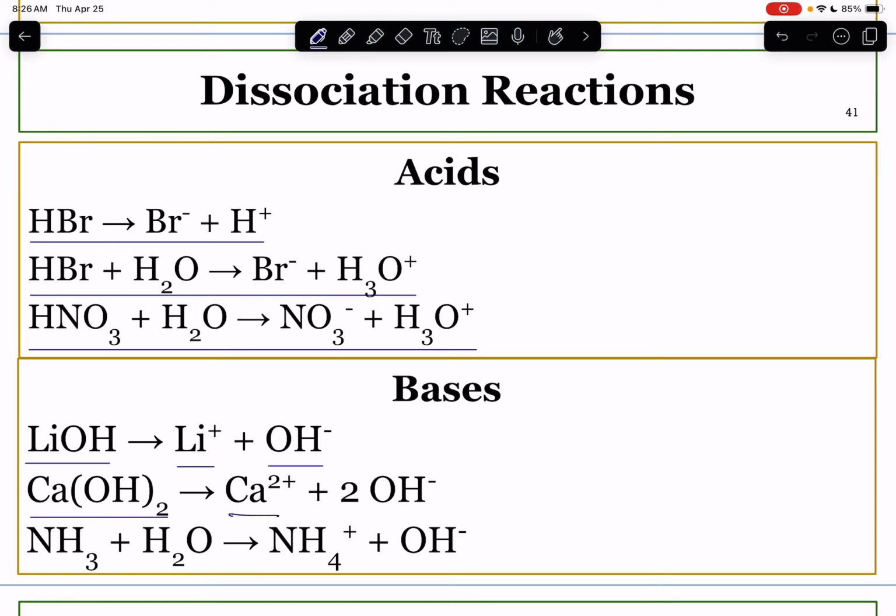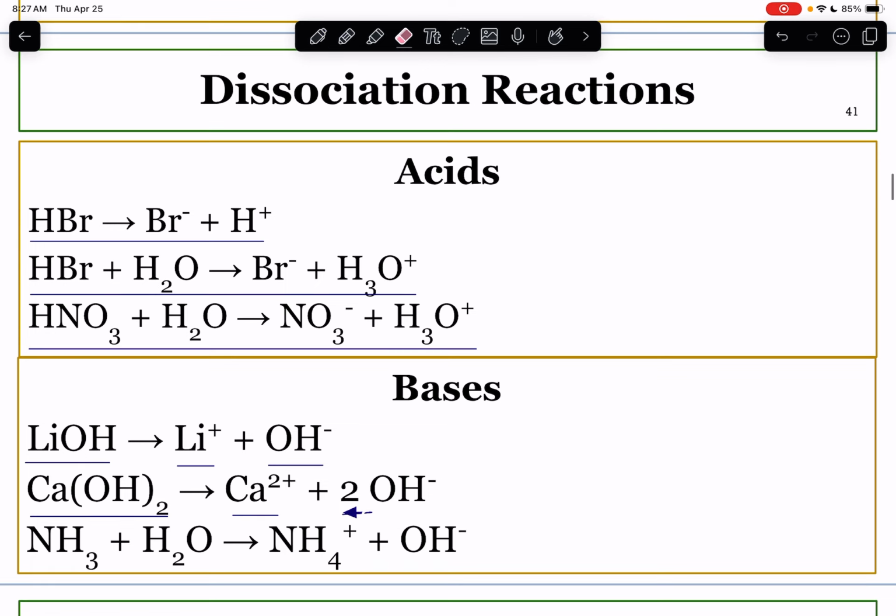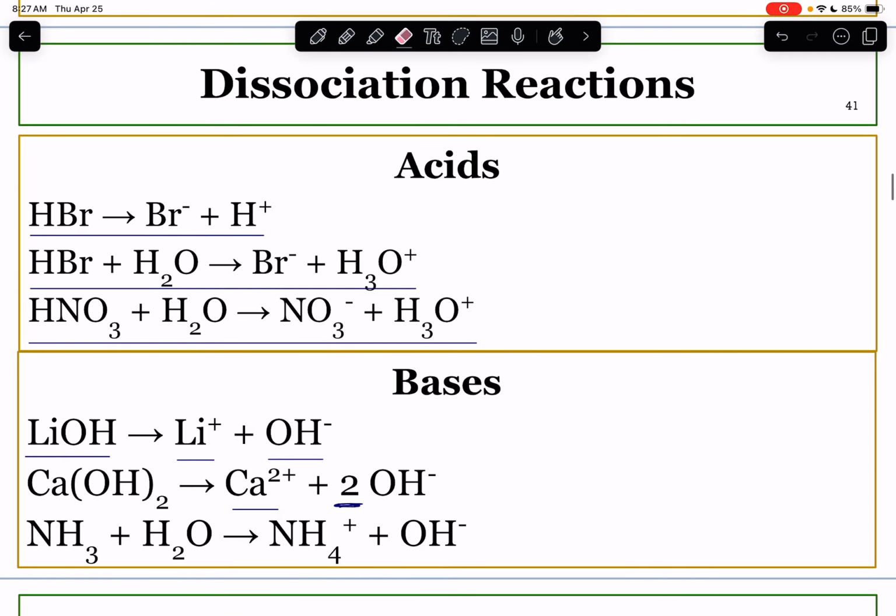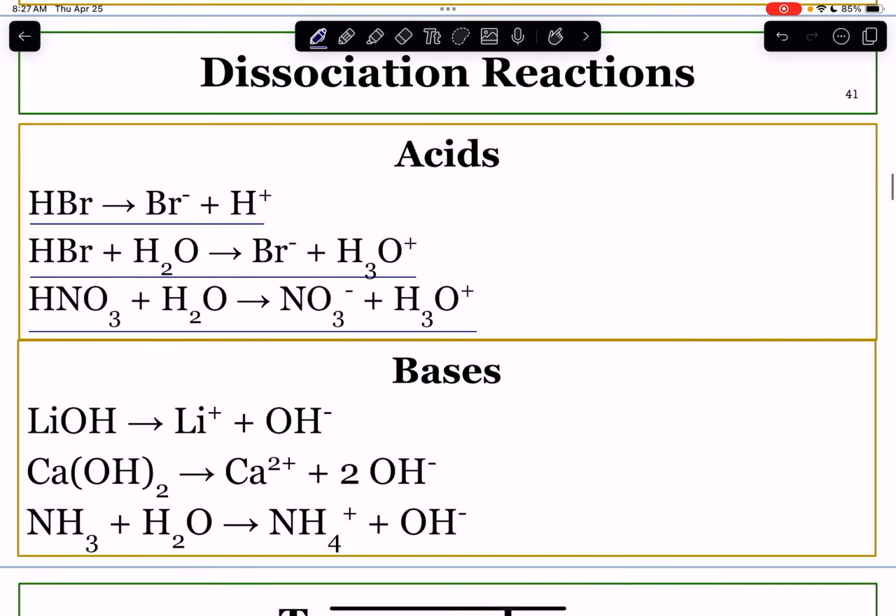So that turns into 1 calcium ion and 2 hydroxide ions. So just remember that this subscript turns into this coefficient because we have 2 hydroxides for every 1 calcium hydroxide.